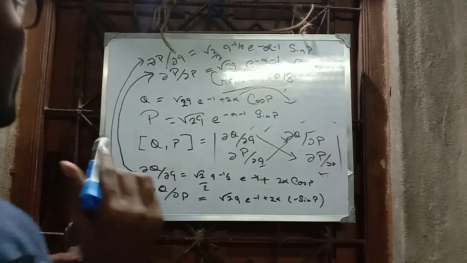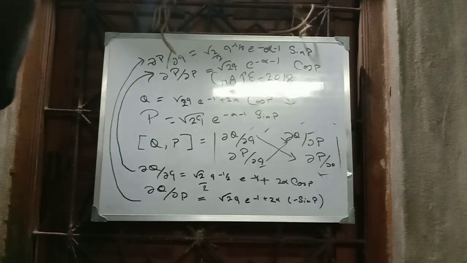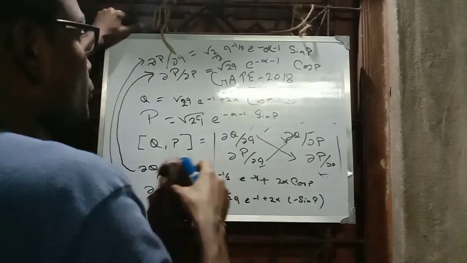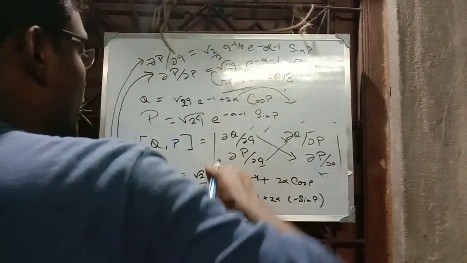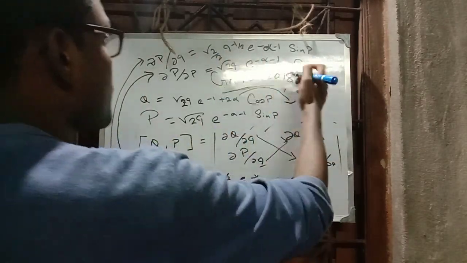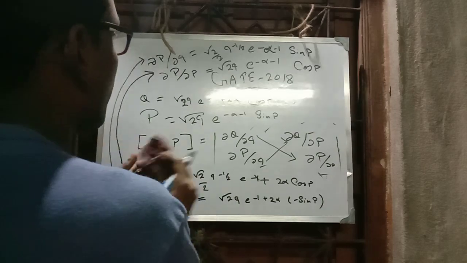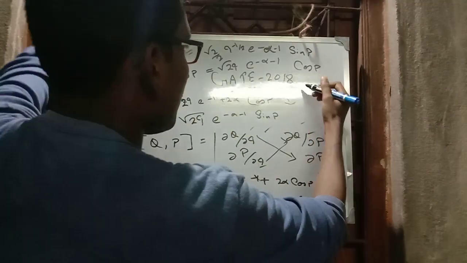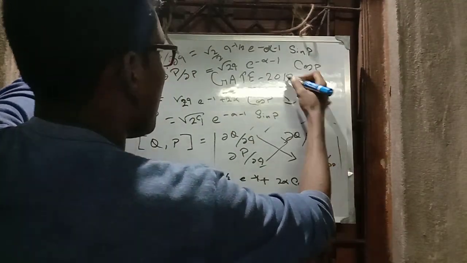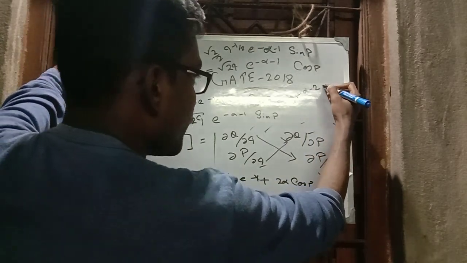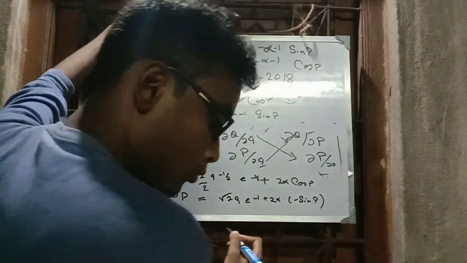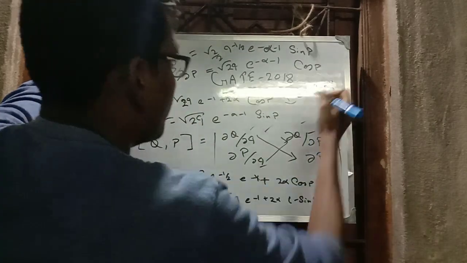Okay students, after solving this Jacobian matrix we get the result. This would get cancelled out, so the result would be e^(α-2) equal to 1.